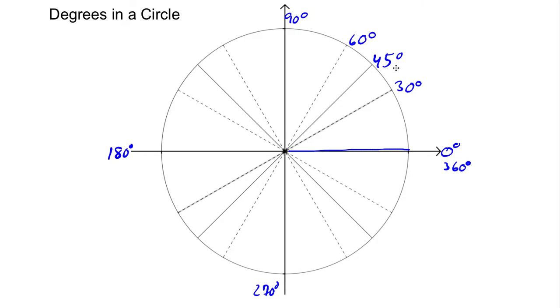These may seem random, but what I can actually do is make a little triangle here. And if I draw this line straight down, I get a right triangle. Because this is a right triangle, this is actually a 30, 60, 90 right triangle. So I can find any of the lengths of the sides because of the rules for special right triangles.